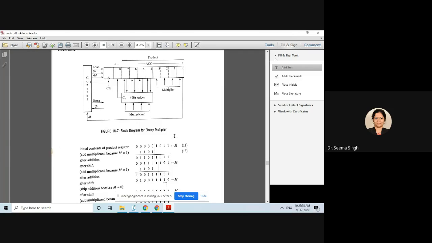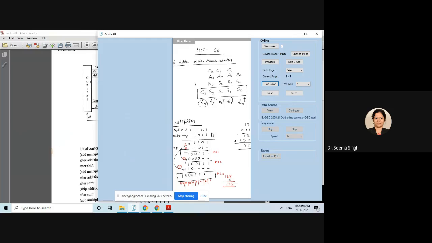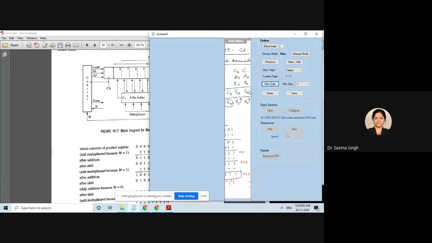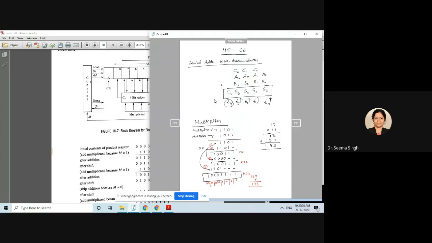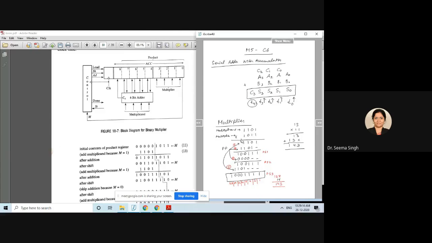Now you will see how things happen based upon this bit. When your first bit was 1, you had kept your 1101. Now let us see, this 1101 is coming here, and what is there in this?